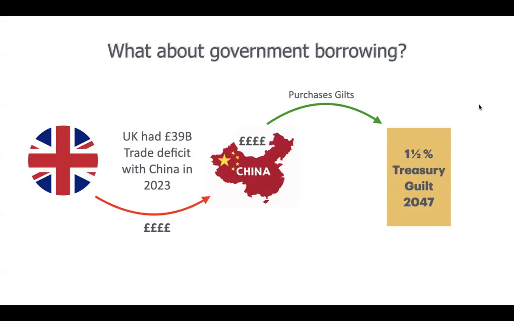However, what nations often do is purchase these gilts, as the government therefore has money available for individuals, businesses, and nations indeed to purchase them. So China will purchase these gilts, which will yield some interest rather than simply keeping the money in a bank account. But they want to keep that money in UK pounds.